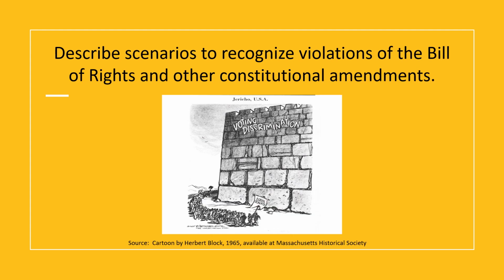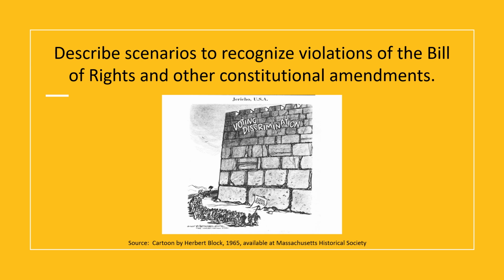Now we're going to describe scenarios to recognize violations of other constitutional amendments. In the previous slide, we looked at the right to petition the government for redress of grievances, a right included in the U.S. Bill of Rights.